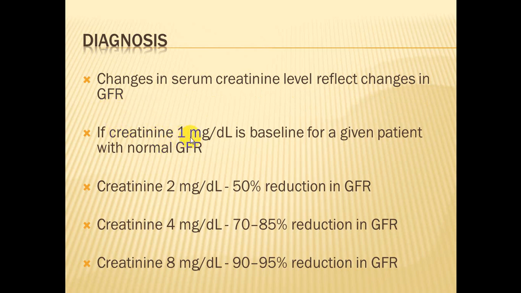If creatinine 1 mg per deciliter is a baseline for a given patient with a normal GFR, so creatinine 2 means there is a 50% reduction of the GFR. If 3 to 4, it means 70 to 85% reduction of GFR, and creatinine 8 means 90 to 95% reduction of GFR. This is a crude and general idea about the GFR.